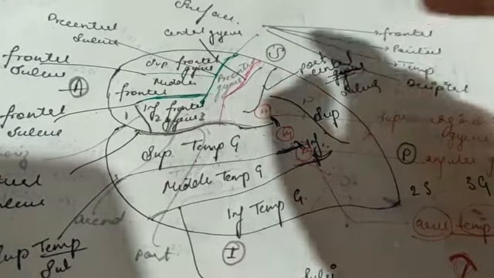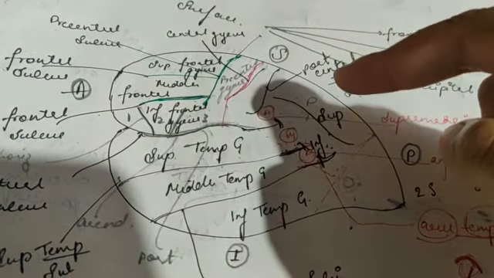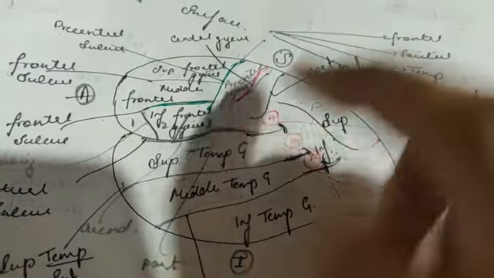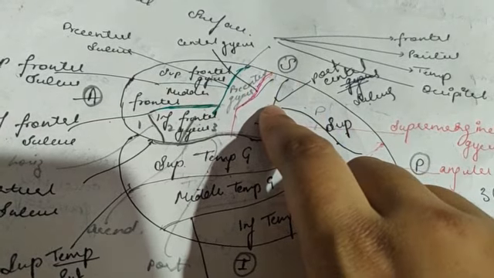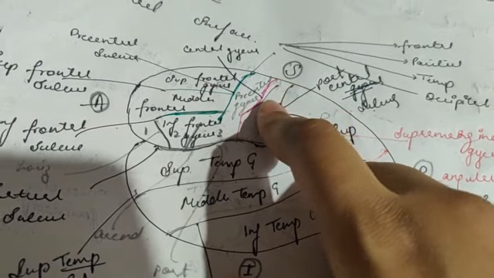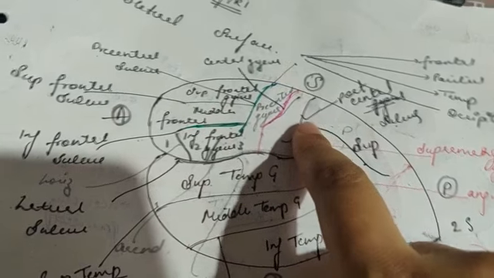In the parietal zone we have two sulci and three different parts. The part between the central sulcus and the post-central sulcus is called the post-central gyrus.